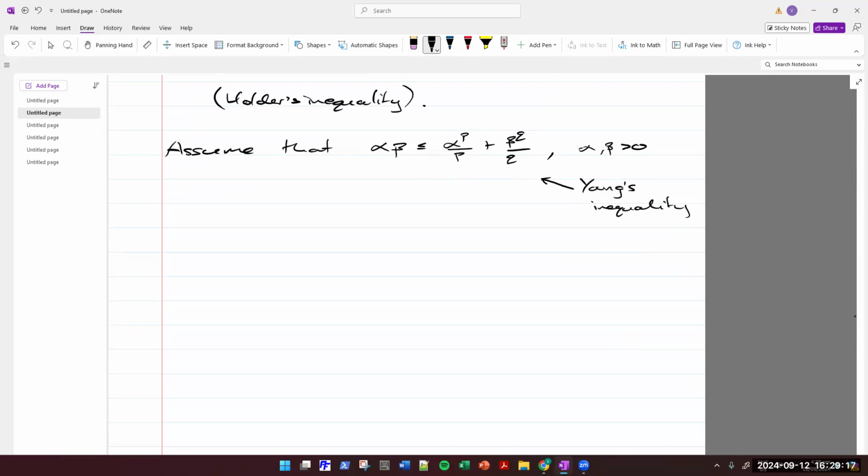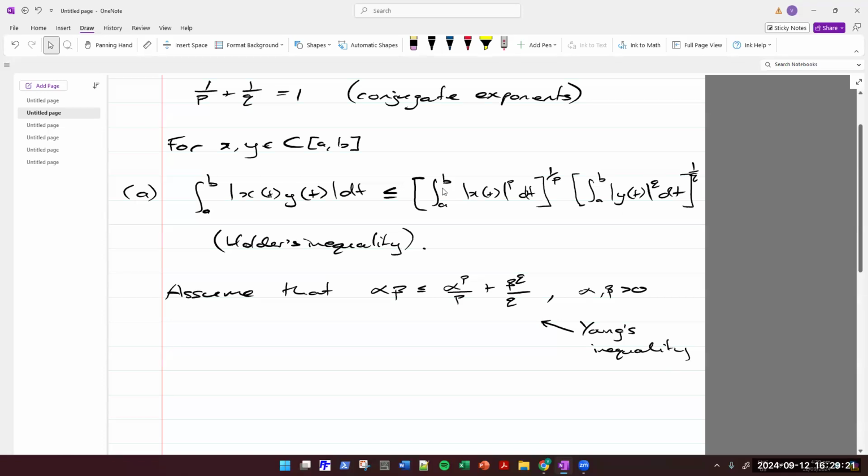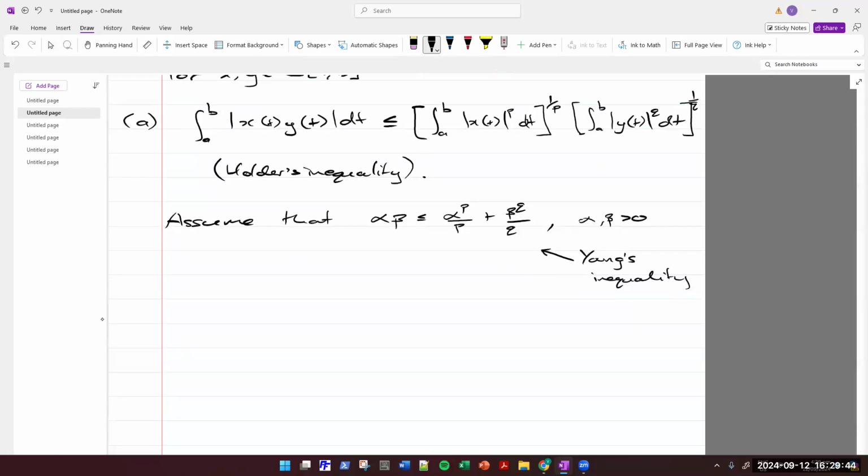Throughout this entire thing, because we're lazy and we don't want to keep writing back terms like this: integral of a to b, modulus of something to some power, close bracket to 1 over that power. These things are going to come up very often. So let me make a definition for that so I don't have to keep writing it back.